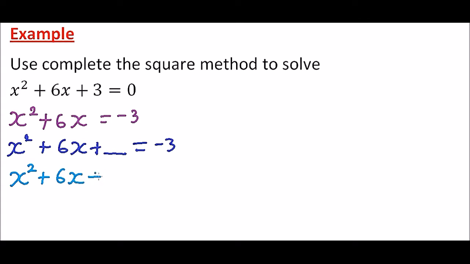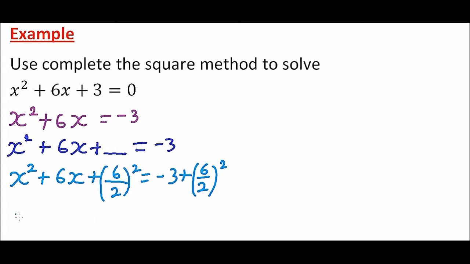Now we are supposed to add 6, which is the coefficient of x, divided by 2, all this squared, is equal to minus 3. And because we have modified the left hand side, we also do the same to the right hand side. So we also add 6 divided by 2 in brackets squared, so that we balance our equation.